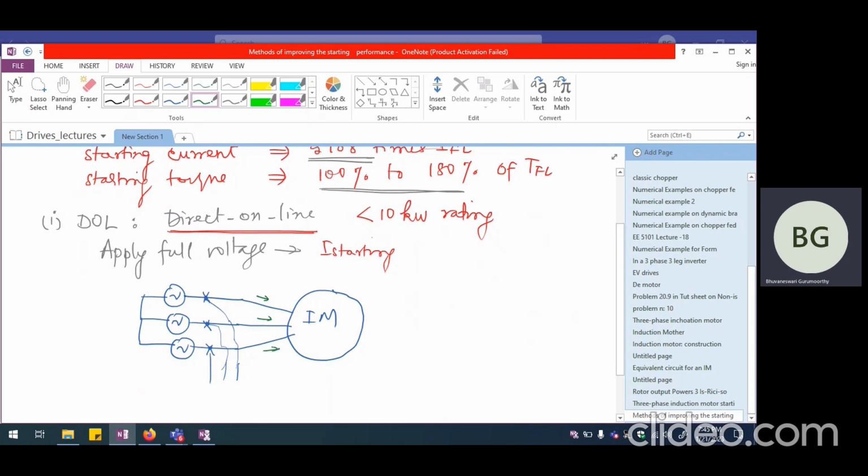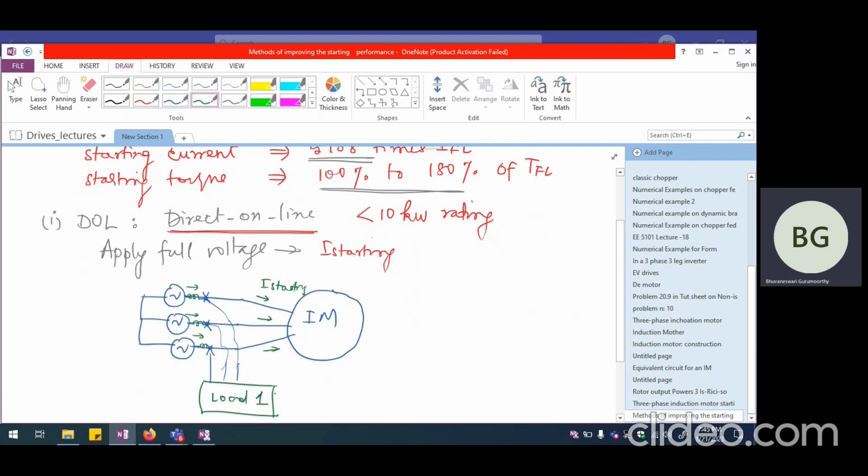So what is going to happen depends on the impedance of the line. You can imagine that the power supply line has some impedance. This high current that is drawn is going to cause a huge voltage drop in these impedances, which are inherent to the transmission line or distribution line. So if I connect some load here, this load is going to experience a reduced voltage and it may not function properly.